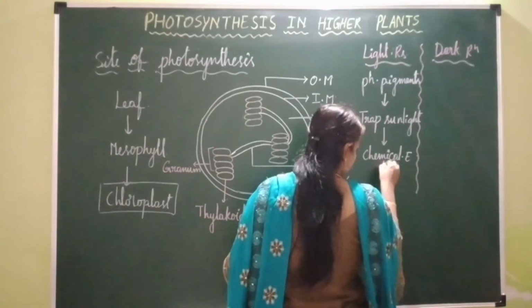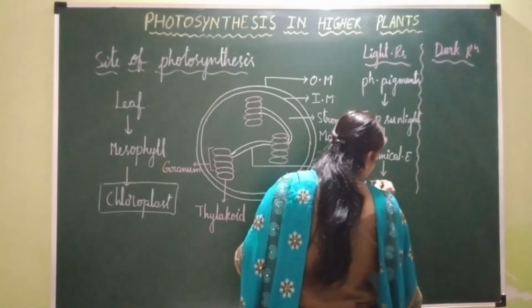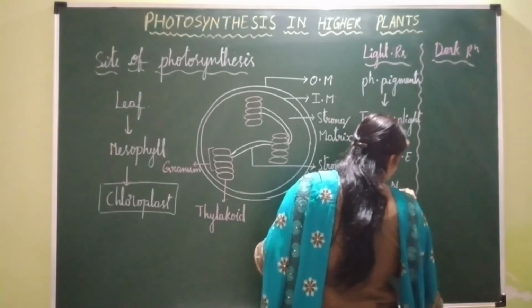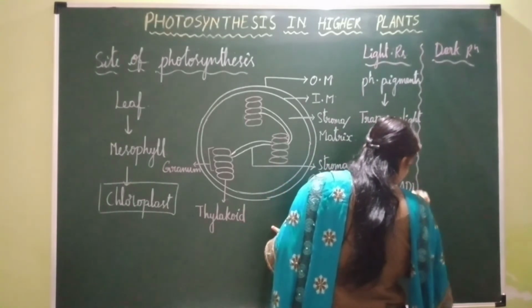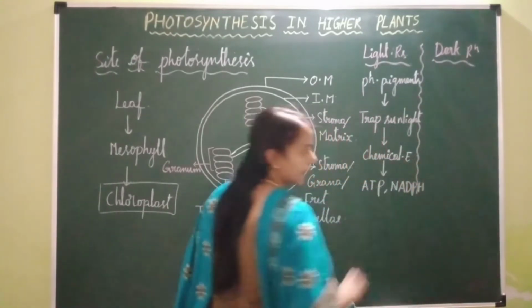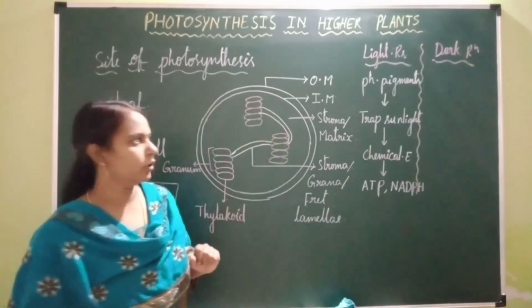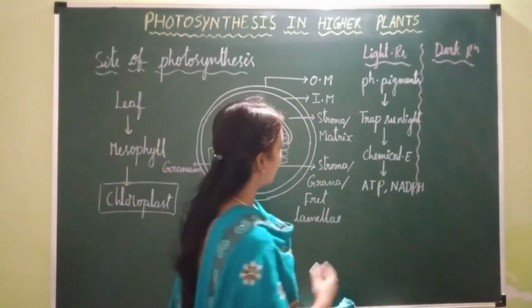All these reactions together are called light reactions, and they take place inside the thylakoid membrane. Now let's study dark reactions.